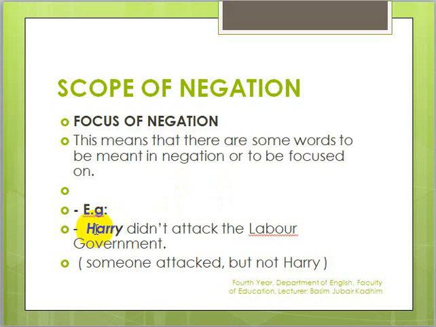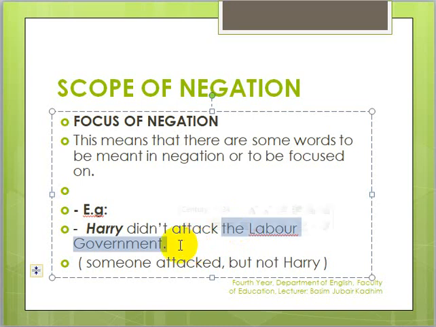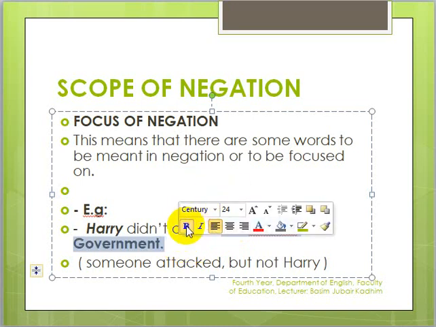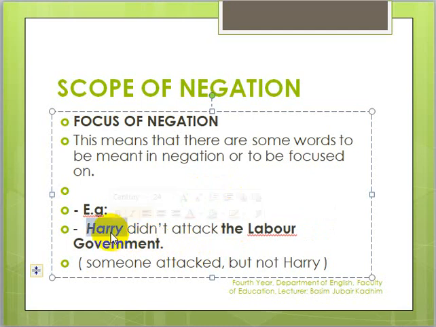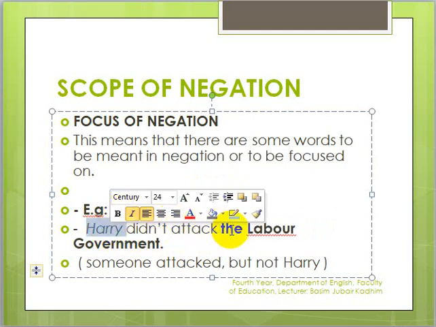We can say also, Harry didn't attack the labor government. You see the tone, my tone. Here we can say Harry didn't attack the labor government. So here it would not be someone attacked but not Harry. Here the focus of negation is different.